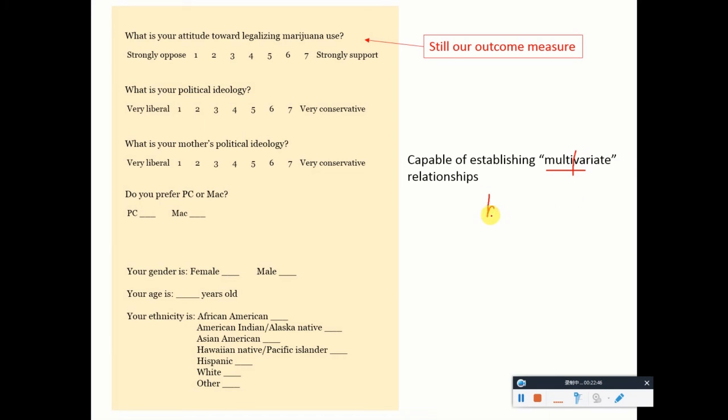We recall that the correlation between two variables is called bivariate, right? Bi means two, variate means variables, relationship between two variables. Here is a relationship between multiple variables, or multivariate relationships. This is masked by my drawing here, but it's correlation among multiple variables.